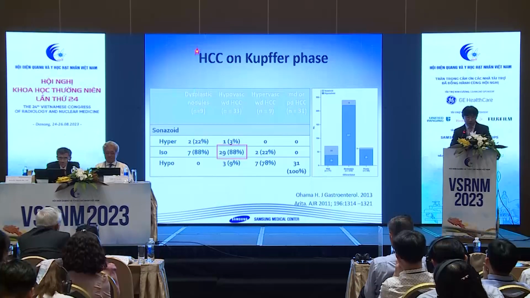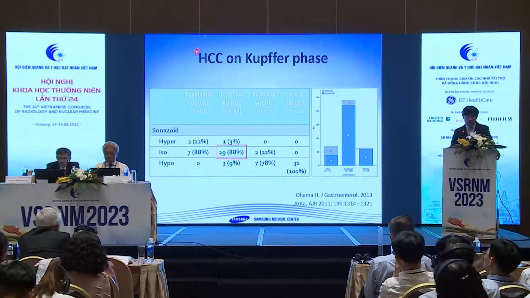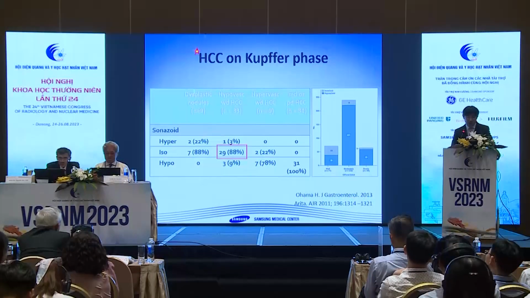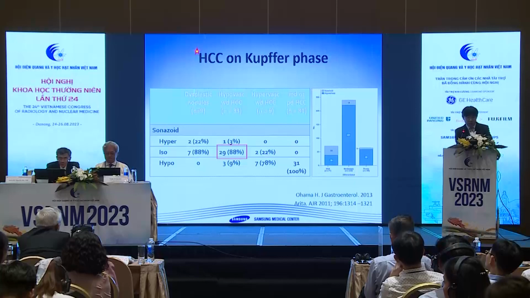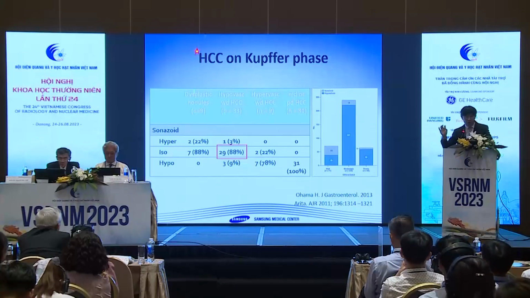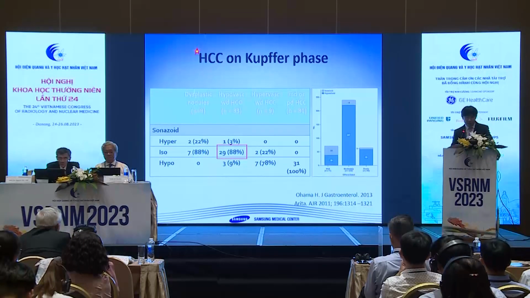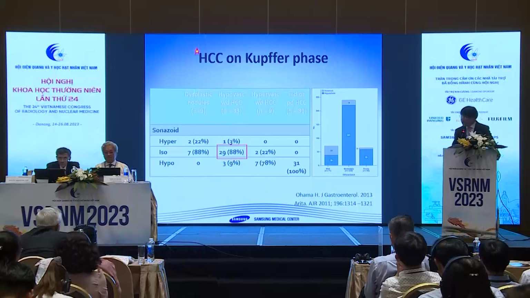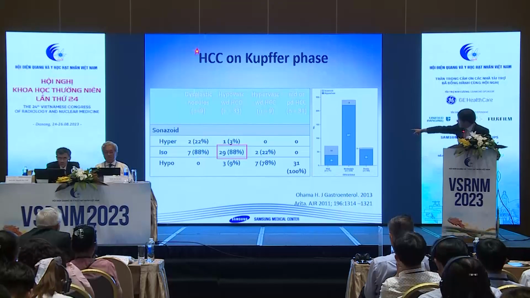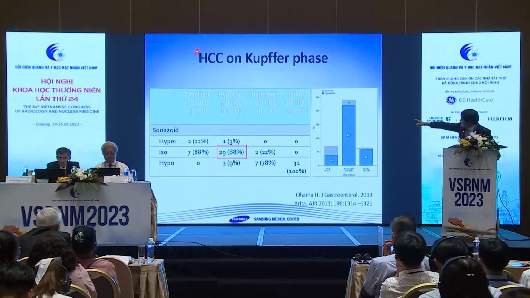There are several studies about HCC on the Kupffer phase. This study shows that hypo-Kupffer phase washout could indicate HCC, meaning all hypointense lesions are HCC, both hypovascular and hypervascular.